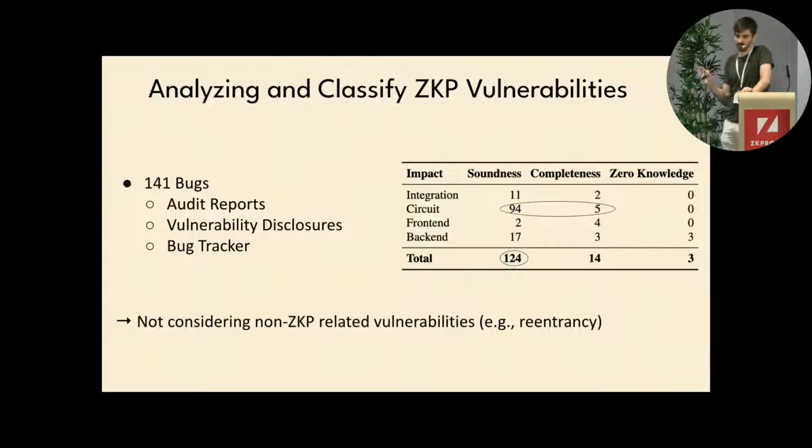That doesn't mean that the other layers do not have bugs, but probably people have not looked that much at the other layers. For example, most of the audits are on the circuit layer, so there might be more bugs in the front end or in the back ends that we don't even know about. And it's pretty difficult to detect those bugs, actually. And the main impact of those vulnerabilities is soundness issues, which is really bad for the protocols.